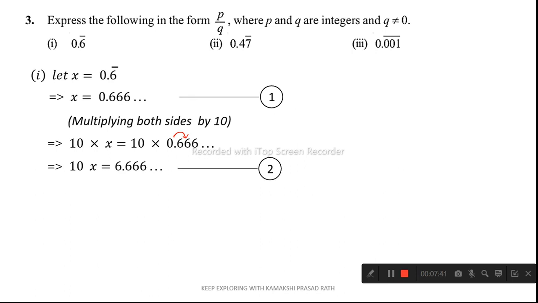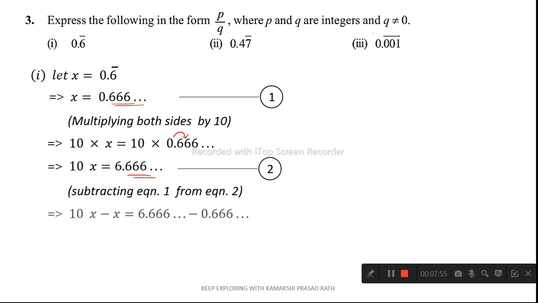Now when we compare equation 1 and equation 2, we can see that the decimal part matches each other. They become equal, so now we can subtract. When we subtract equation 1 from equation 2, we get 10x minus x equals 6.6666 minus 0.6666.